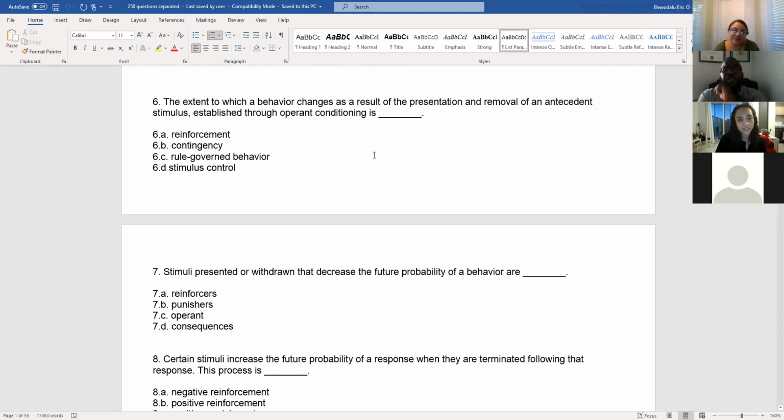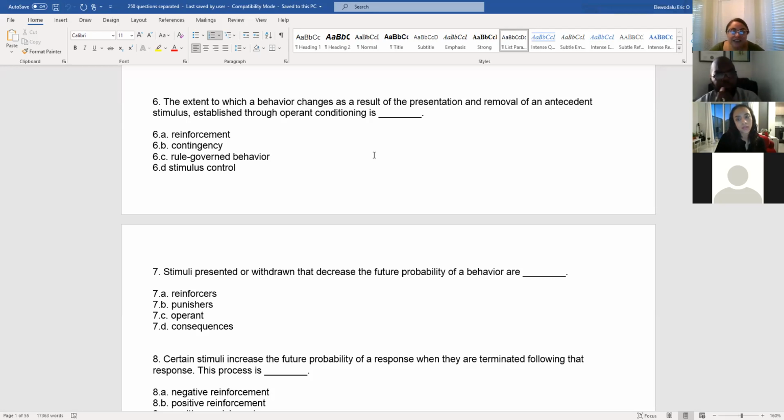The extent to which a behavior changes as a result of the presentation and removal of an antecedent stimulus established through operant conditioning is presentation, that is adding and removing. Reinforcement? No, it says the presentation and removal of an antecedent stimulus. Contingency.